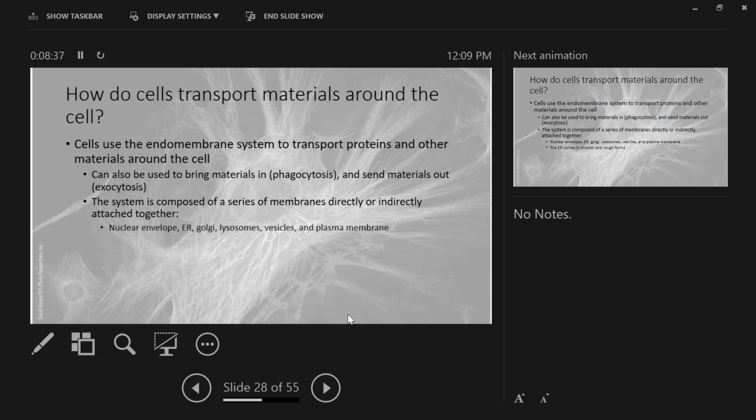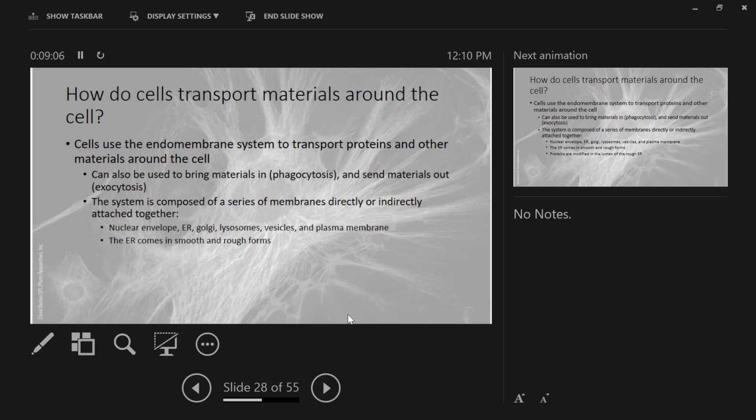So here are your components of the endomembrane system: the nuclear envelope, the endoplasmic reticulum, Golgi bodies, lysosomes, vesicles, and the plasma membrane. Okay? Again, these series of membranes, either physically or indirectly attached together, function to move materials around the cell. So the endoplasmic reticulum comes in two varieties, two flavors, if you will.